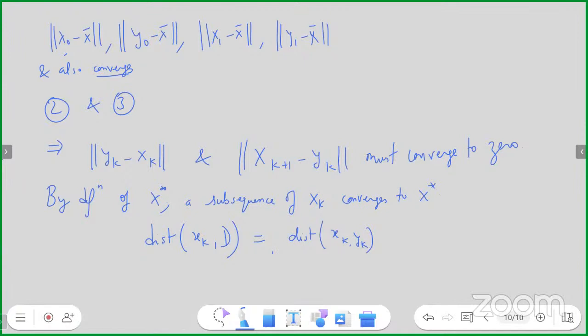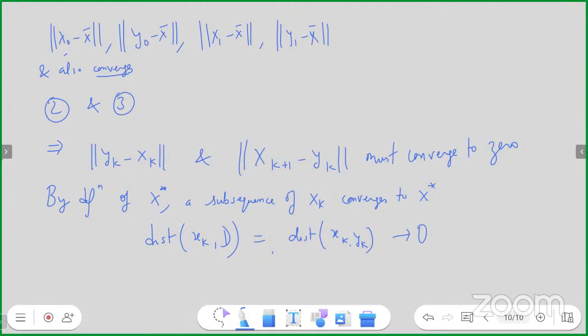Because that's a definition. And what is happening to this? That will go to 0. This is going to 0. So what can you say about x star belonging to D or not? That's all you really need to do.